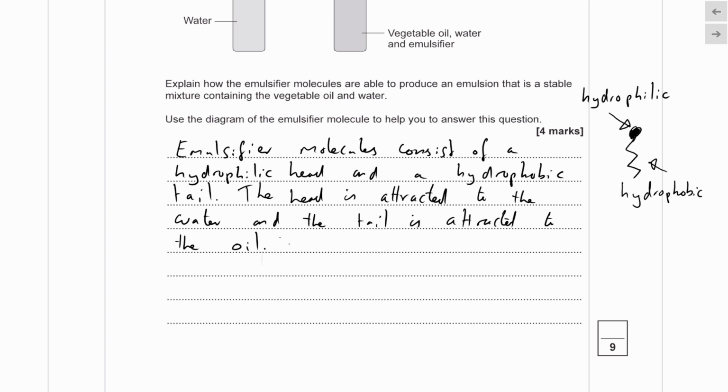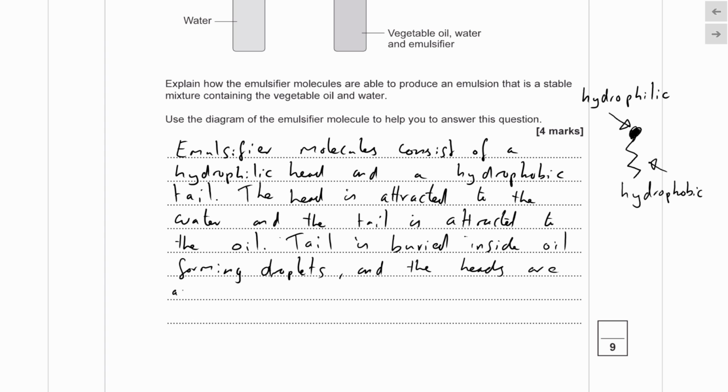Now the tail, I'm going to say, is buried inside the oil, forming droplets, and the heads are attracted to the water.